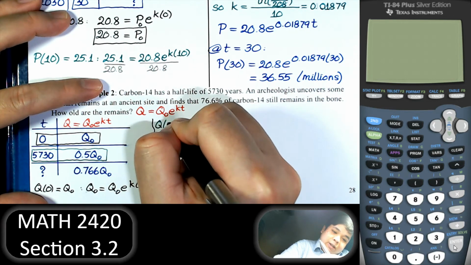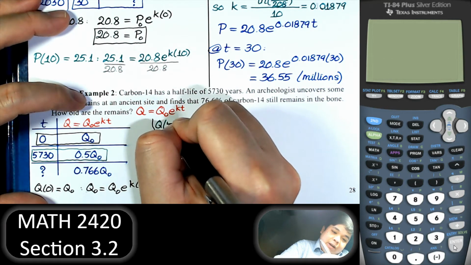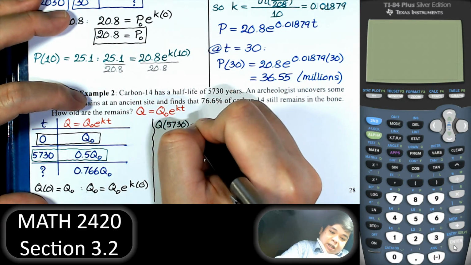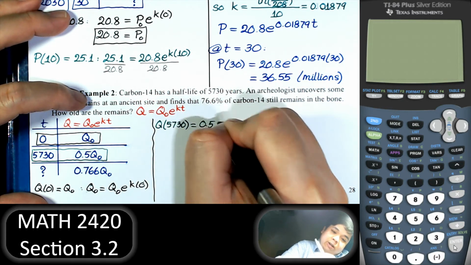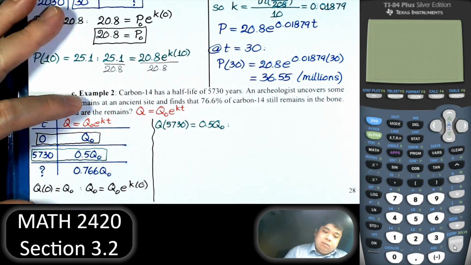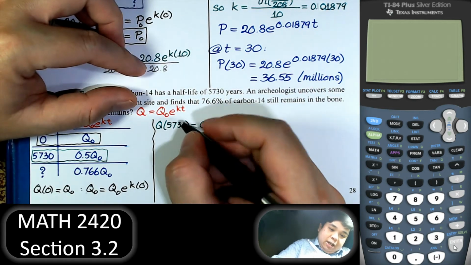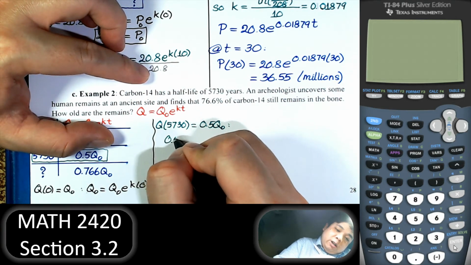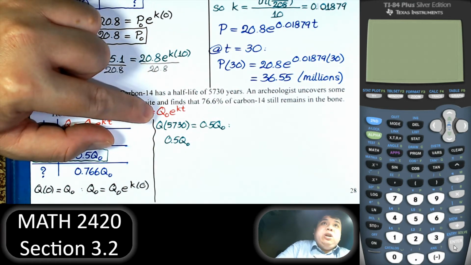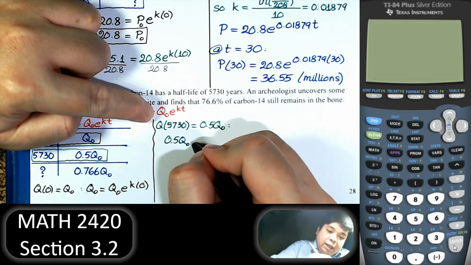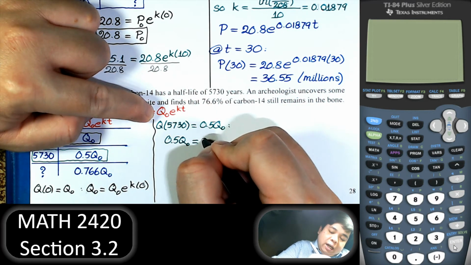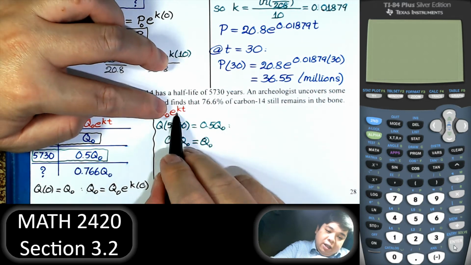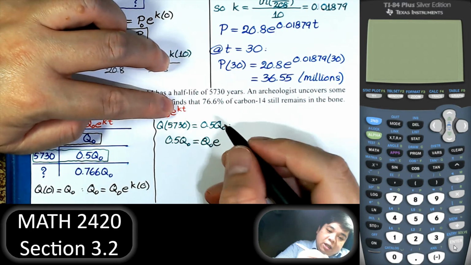Next, we put this information in. The amount 5,730 years later is 0.5 Q naught. So we put 0.5 Q naught into Q equal to Q naught times e to the k times t.